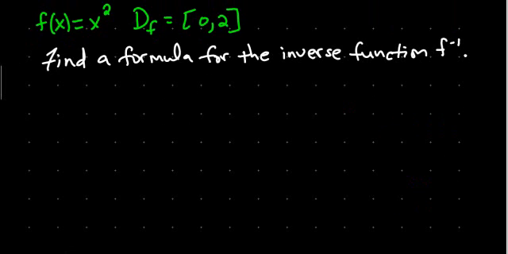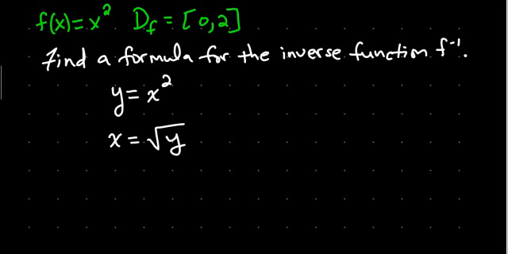Given the same situation, f of x equals x squared, and the domain is from 0 to 2, inclusive, find a formula for the inverse function. So when we find our inverse function, we always set f of x equal to y equals x squared, and we solve for x. So we take the square root of both sides, so we get that x equals the square root of y.